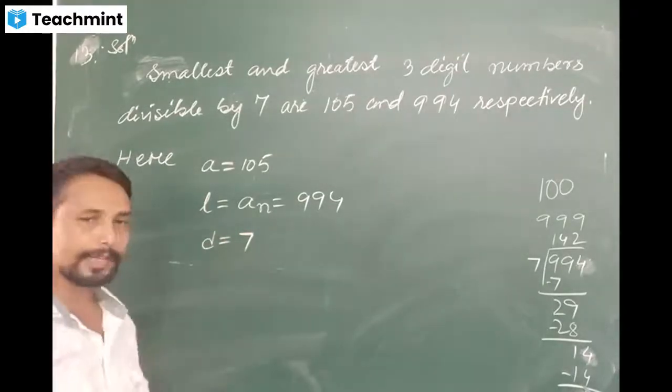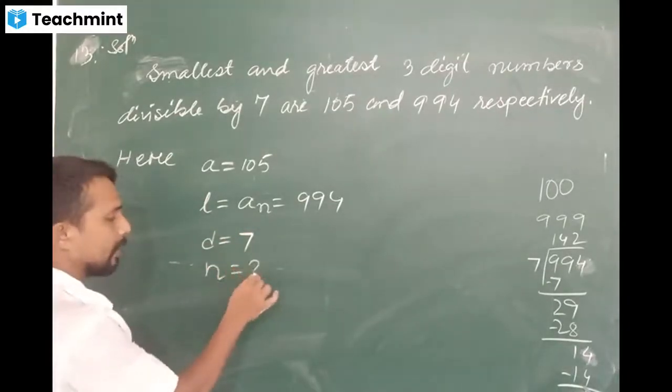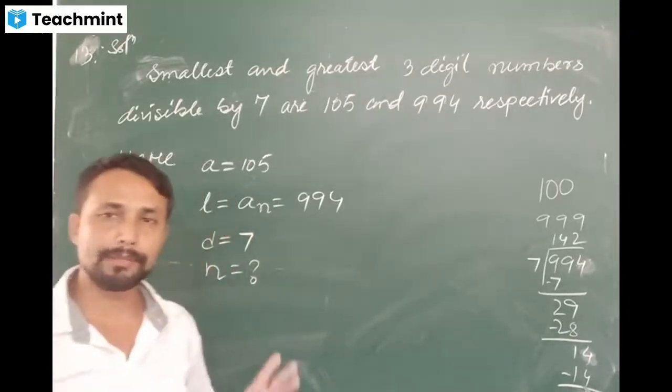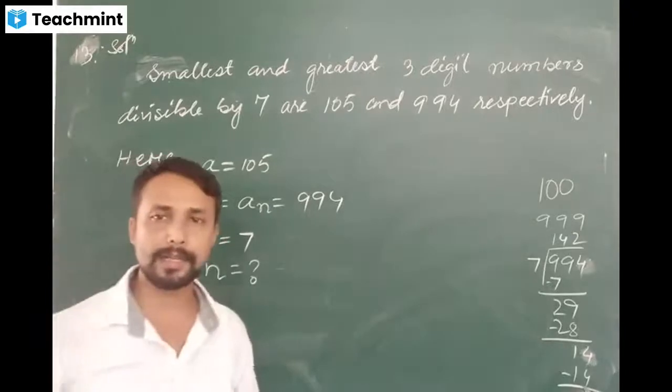So d equals 7. We need to find the number of terms. How many numbers are there?